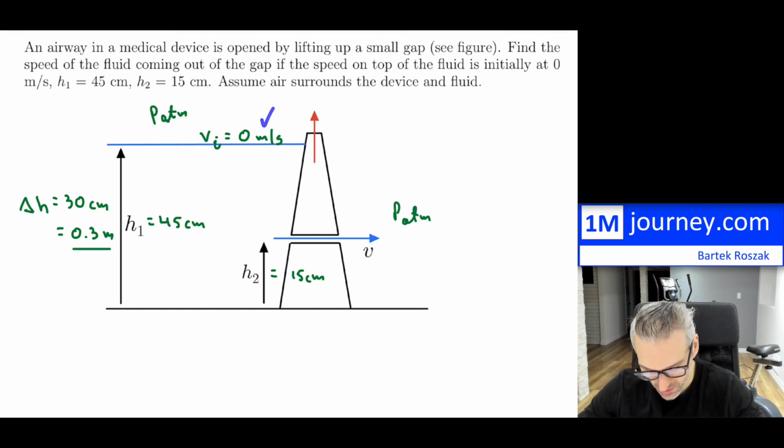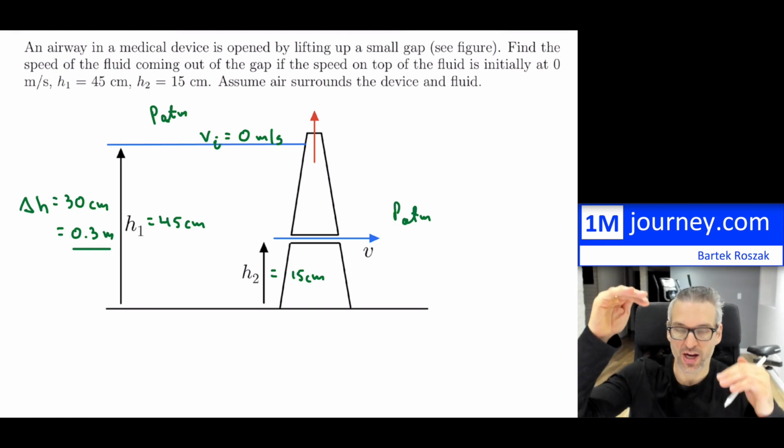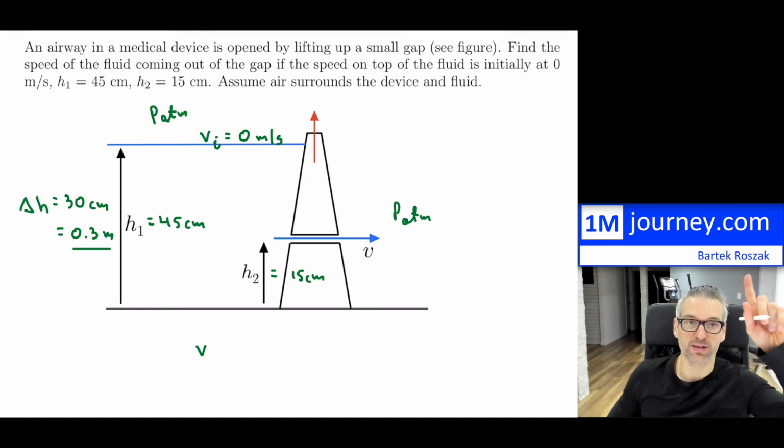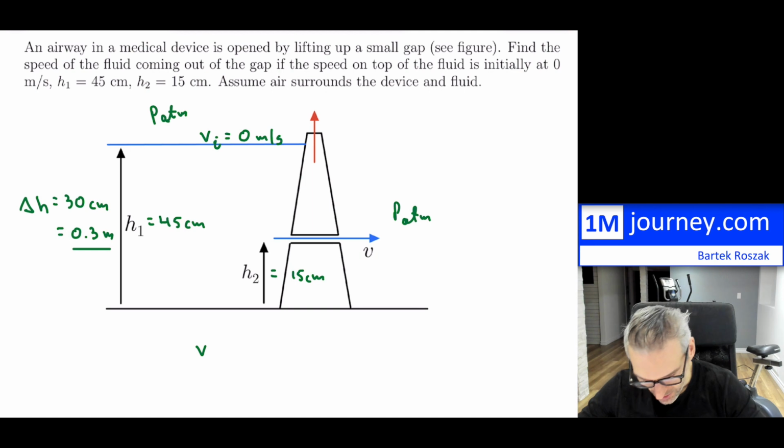So the initial speed, which is 0, and then our final speed right here. And obviously the heights change. You may recall this equation, and I encourage you to look up Torricelli's. Maybe I'll put up a link above for you to get refreshed.